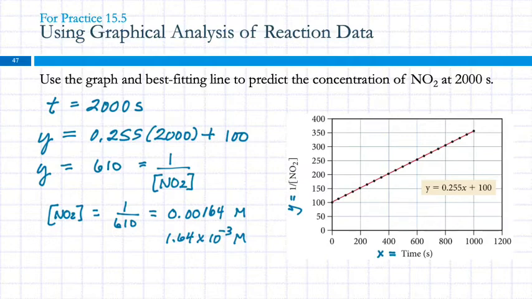Ask me questions. Do you see what I did there? Yes. To get the 610 into the bottom, you just multiply by NO2 and divide it by 610. So basically the question is, how did I get from here to there, right? Just take the reciprocal. You can turn both sides upside down. You can take the reciprocal of both sides.